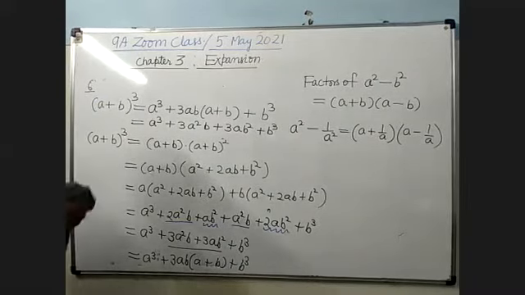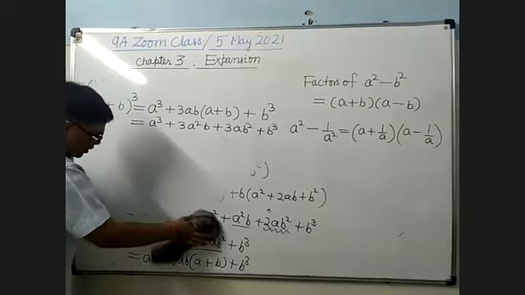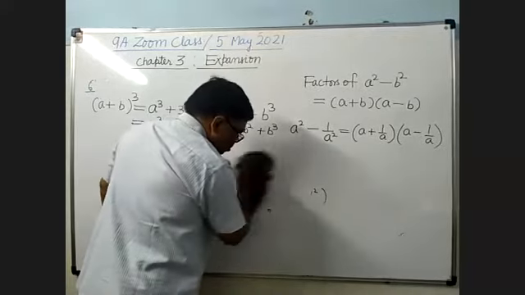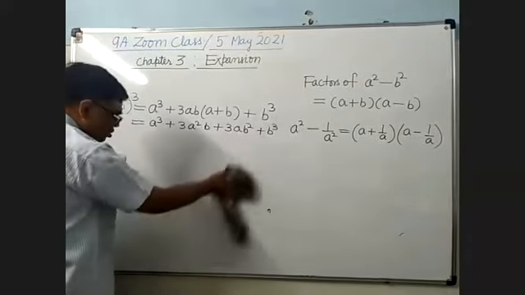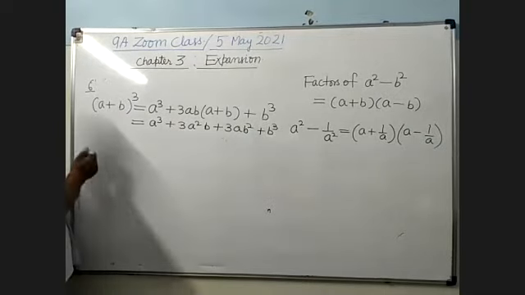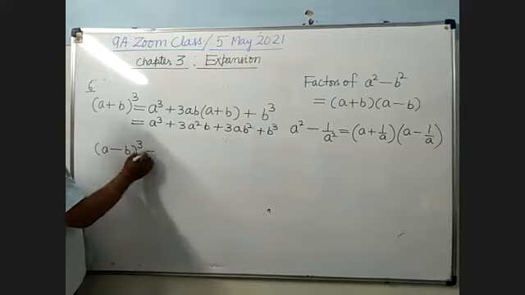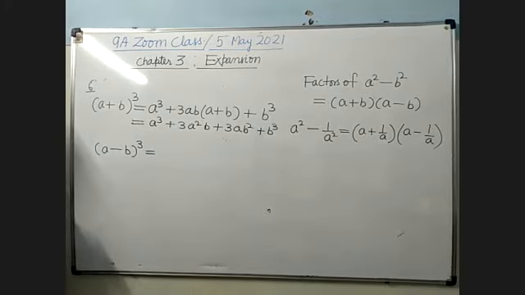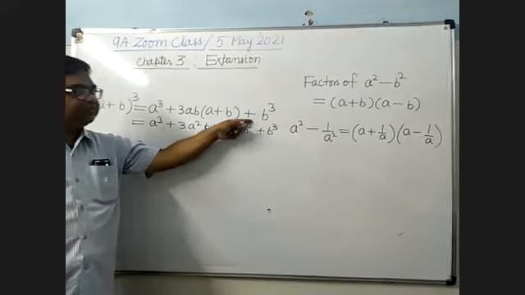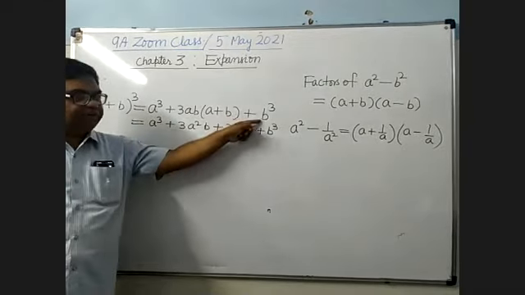Now if you have to write a minus b whole cube, you can see that also. A minus b whole cube. So when there is a minus b whole cube, all the signs will become minus.